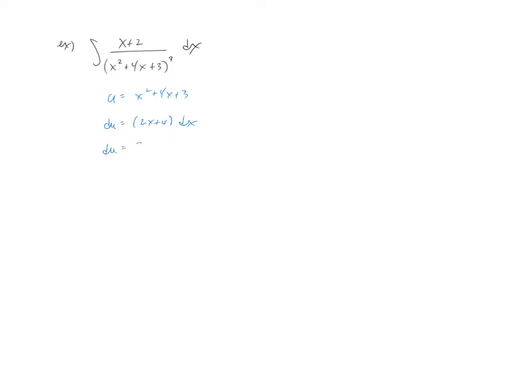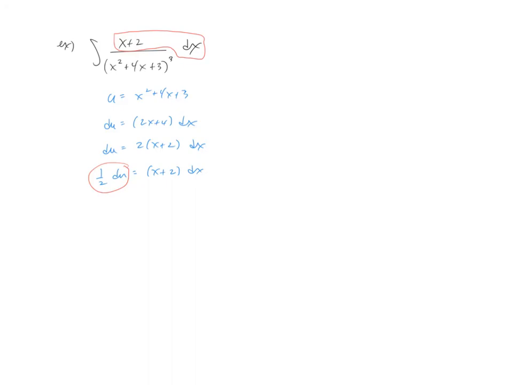If I take the 2 and factor it out, and then divide off that 2, notice now with what we have left. This x plus 2 dx, that whole thing, is nothing more than a 1/2 du. So the x plus 2 dx right here is now being substituted in with an equivalent 1/2 du.